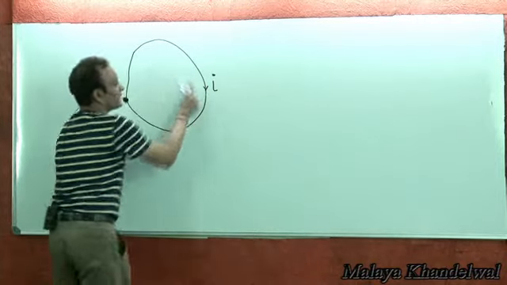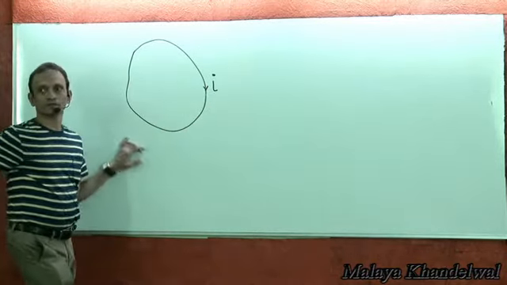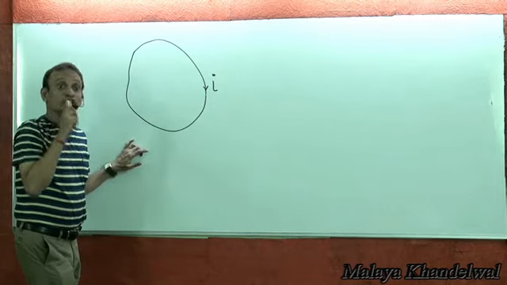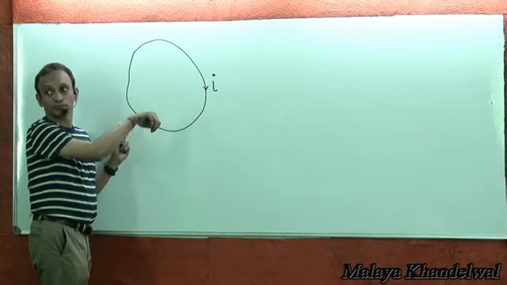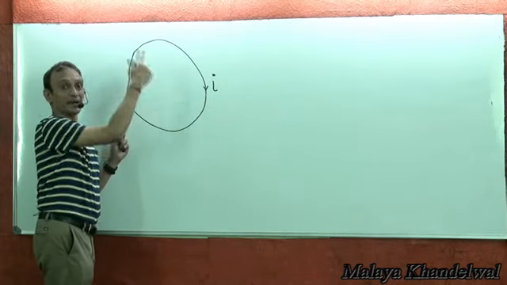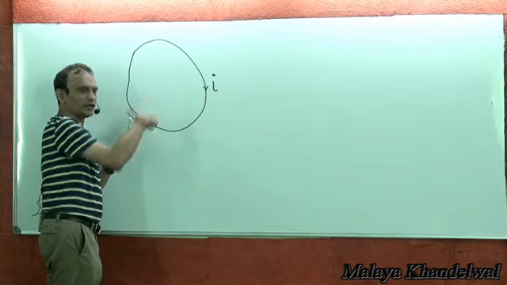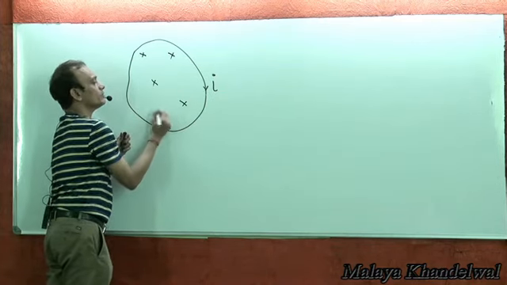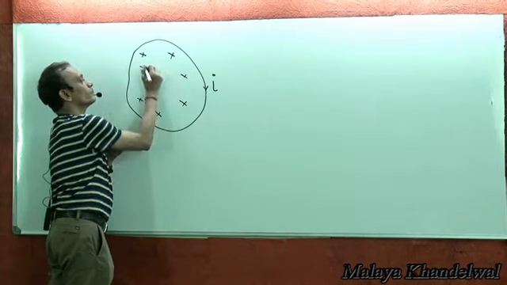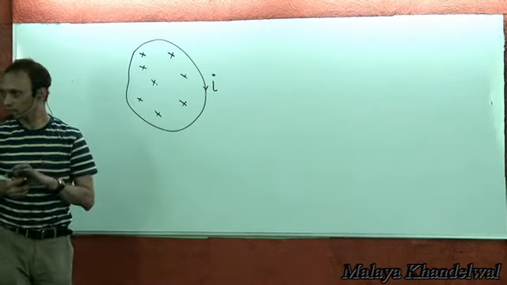Now this current I will generate a magnetic field going into the plane of the board. In this region, it will generate a magnetic field B going into the plane of the board. Yes or no? So there would be field lines going into the plane of the board. Right?